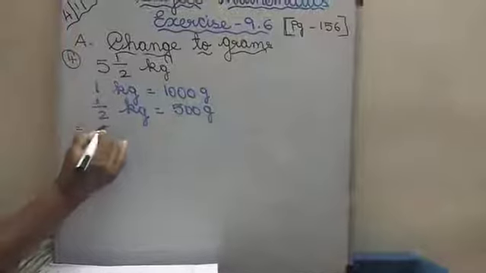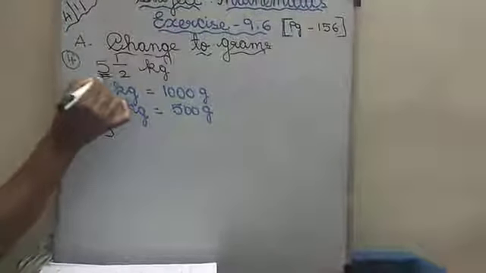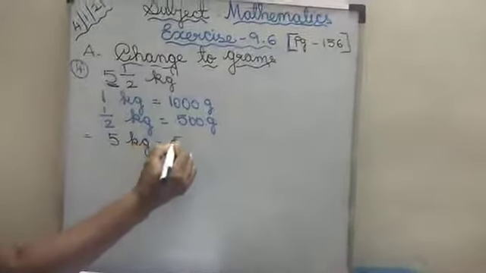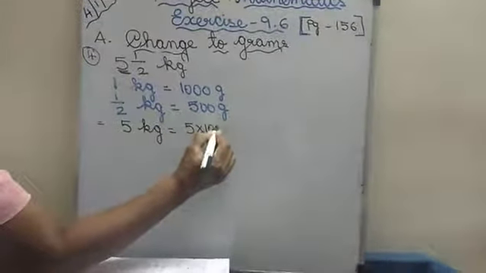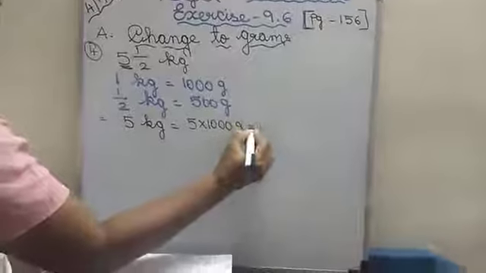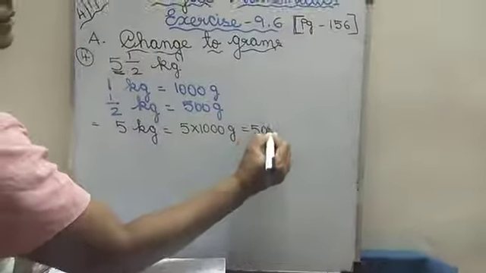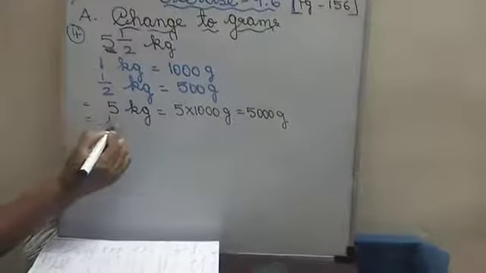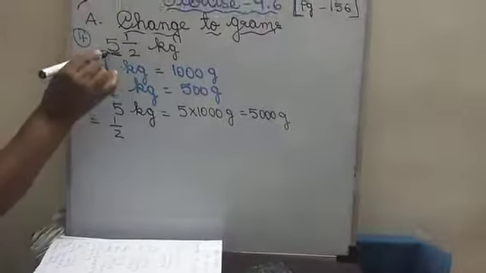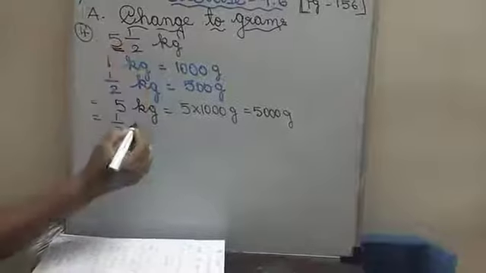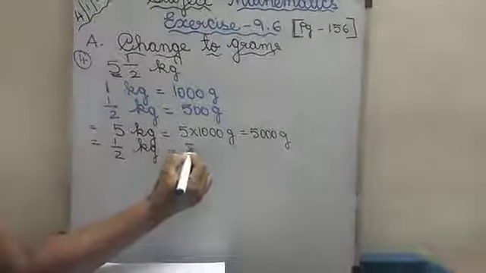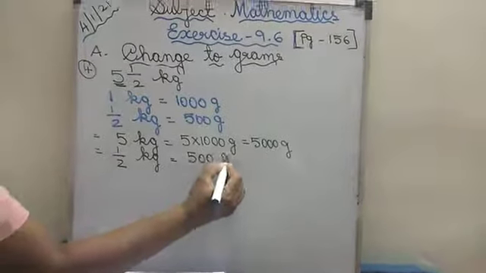So 5 kg, first we have to find for this one. 5 kg is equal to 5 into 1000 gram is equal to 5000 gram, and then you have to find out for half kg. So half kg is equal to 500 gram.